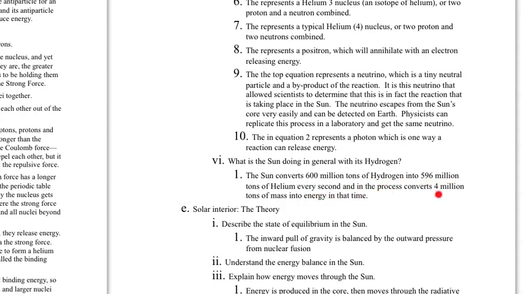And then in that process, those remaining 4 million tons of mass are converted to energy in a second. And that's where the 4 times 10 to the 26 watts comes from. This much mass, which is lost in the process of converting the hydrogen to helium, is all getting converted into energy, which is released by the sun.